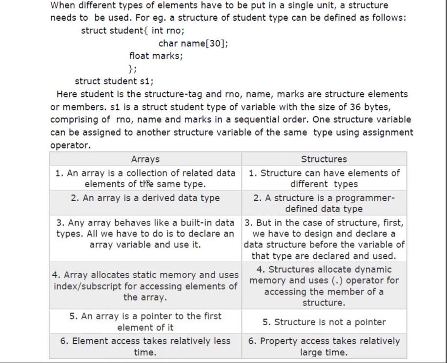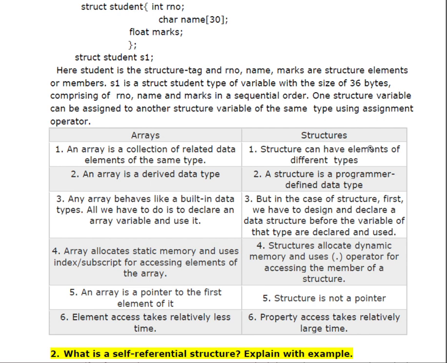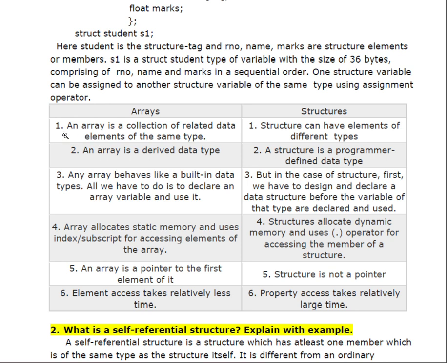So what are the differences between arrays and structures? As you can see here, an array is a collection of related data elements of the same type. This is the main important thing. And the structure can have elements of different types. As I explained before, an array is a derived data type, but a structure is a programmer-defined data type.